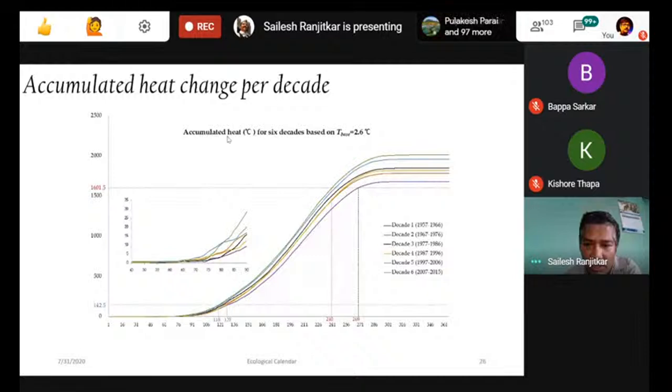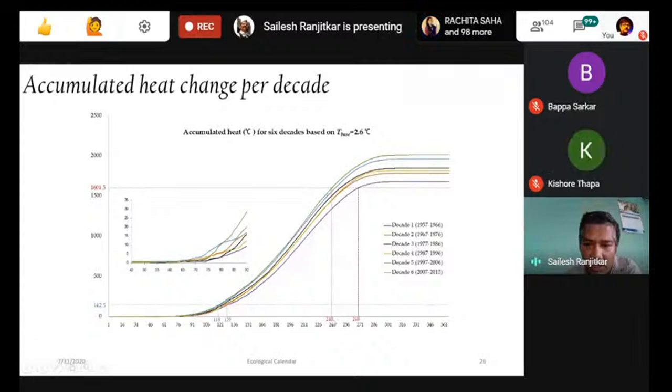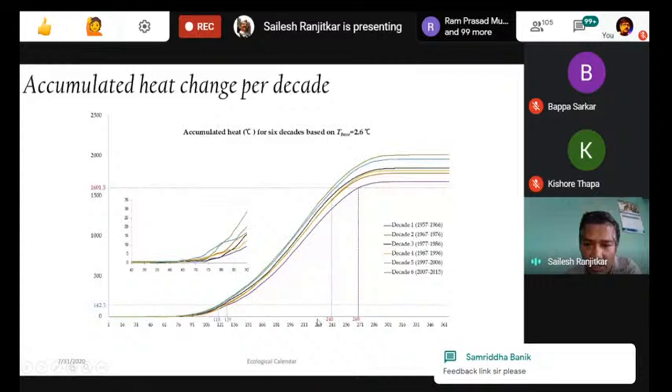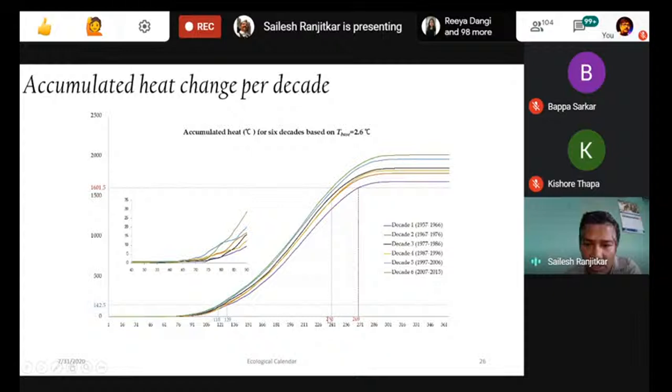We developed it for several decades and divided it into 6 categories, and found that in recent times there is already growing degree day accumulation, or heat accumulation, we should say. Heat accumulation is the amount of heat that is required for any crop to reach maturity or begin its growing season. So the beginning of the season as well as the end of the season is getting earlier.